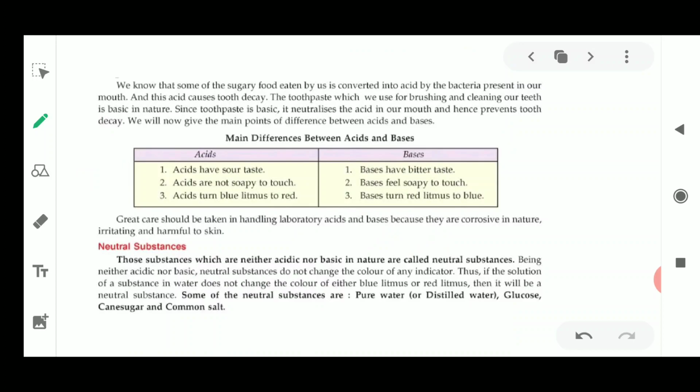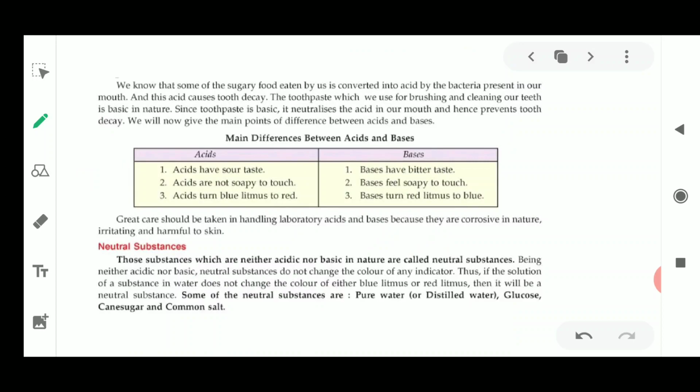Now we know that when sugary substances are eaten, they are converted into acids by the bacteria present in our mouth. These acids cause tooth decay. This is one of the harmful effects of acid.